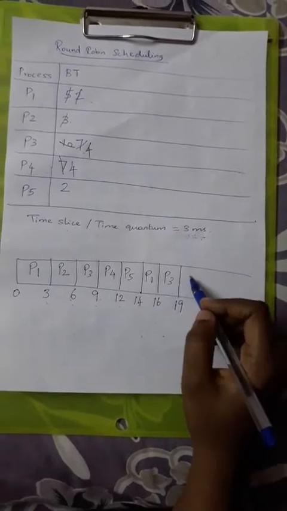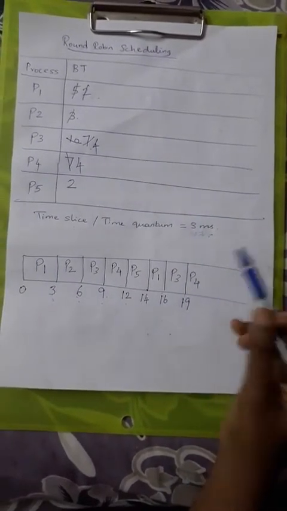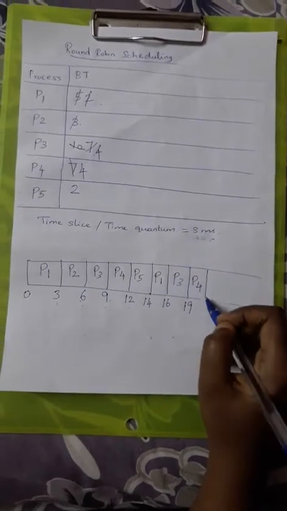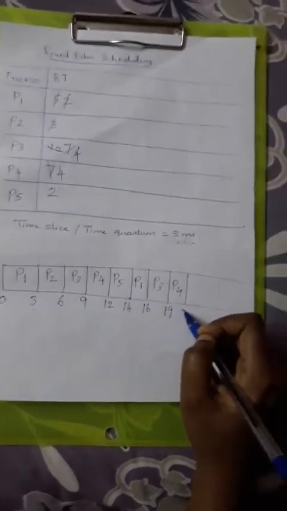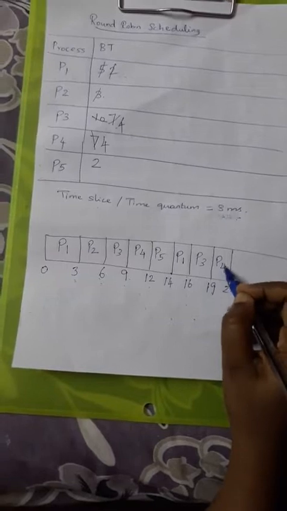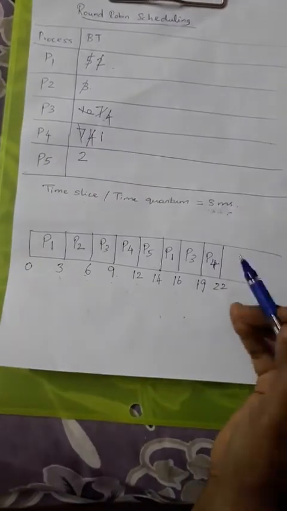Next, we have to execute P4. The time slice is 3 millisecond, so from 19 to 22 this process P4 will be executed. Here the remaining time will be 1 millisecond to be executed.